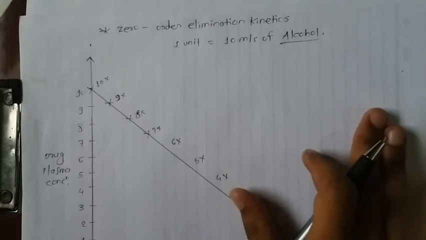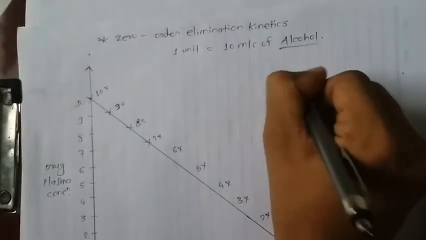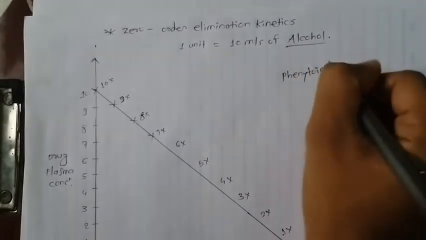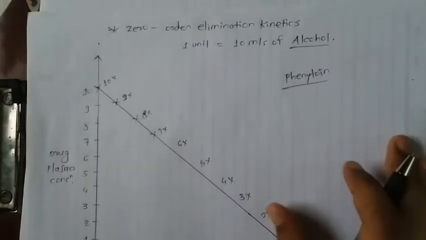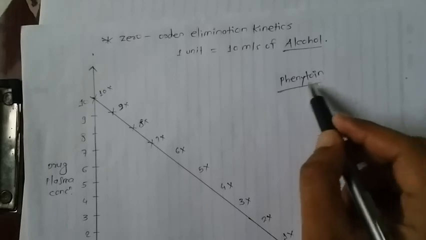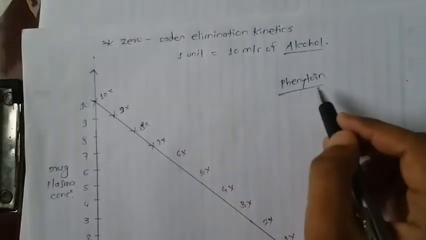There are other examples also, for example phenytoin. Phenytoin is an anticonvulsant agent. At higher concentration phenytoin is also eliminated by zero order kinetics.